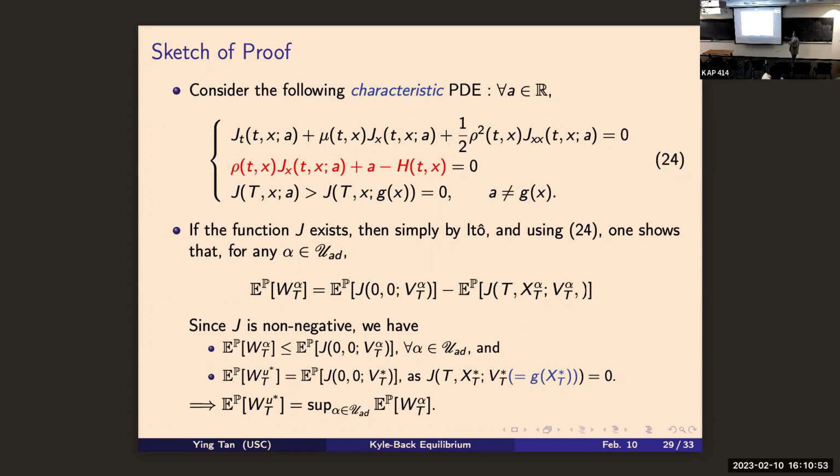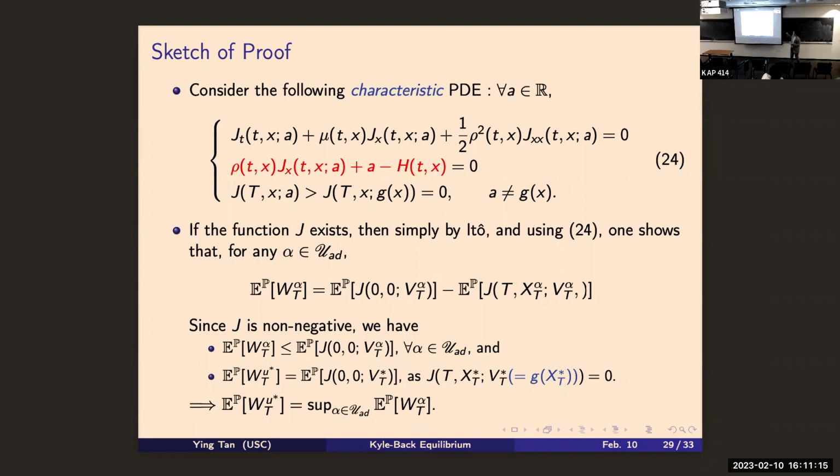We know that the function J will be minimized at time capital T at the point when this V capital T is equal to G of X capital T, because this function will only be 0 when this position is equal to G of this position.